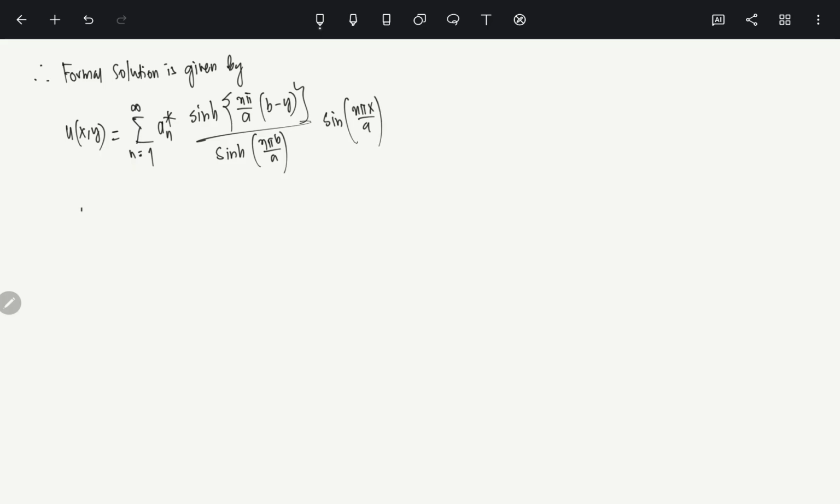Clear? Where a_n star is this constant part. It is 2 by a, integral 0 to a of f of x sine n pi x by a dx. I hope this is clear.